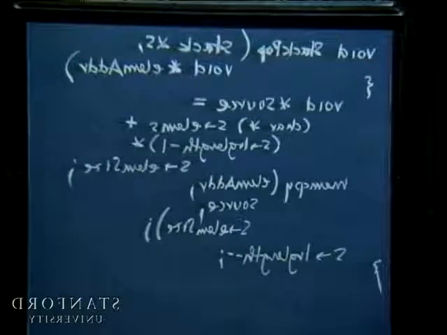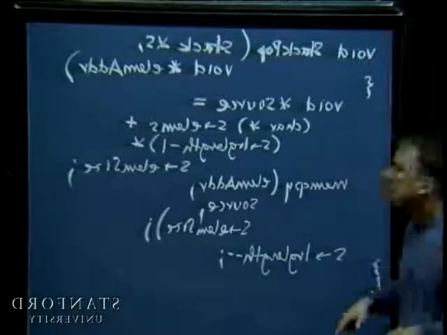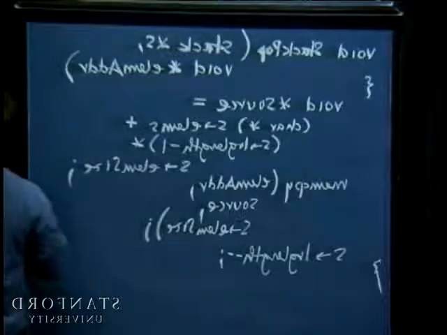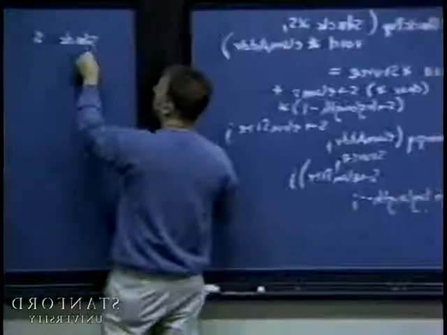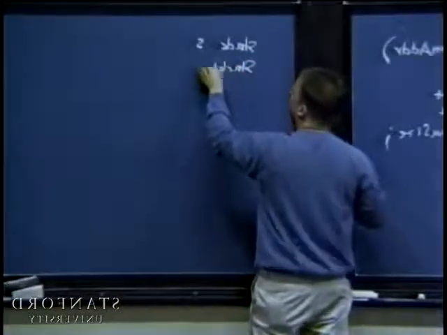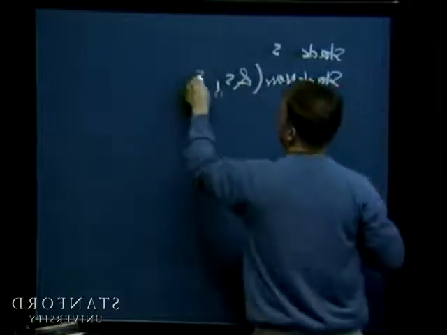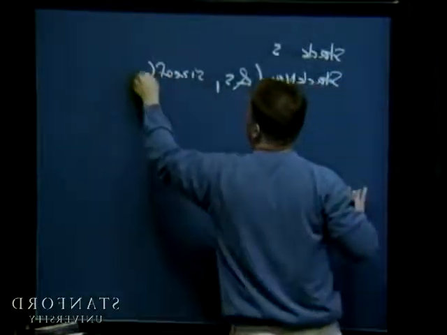So let me actually make a sample call to this. Suppose I have a stack S, and I called stack new with ampersand of S, and I pass in size of int.